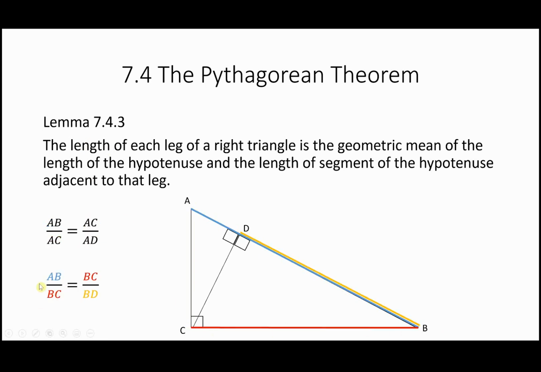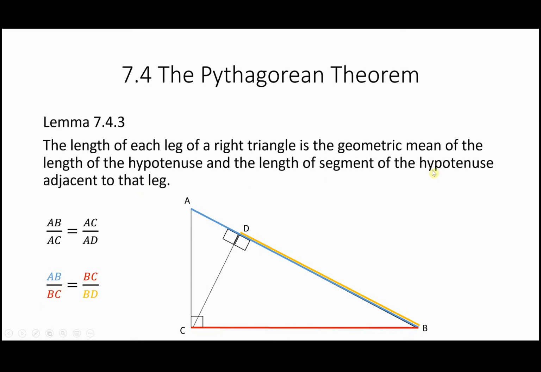Here we go. Here is the longer leg BC relationship with this particular lemma, okay? Now, the length of the other leg, the longer one, BC, of a right triangle is the geometric mean, so that means that it is in the means positions. Notice that it's BC in the means position. And what goes in the extremes positions? The length of the hypotenuse, which is still just AB, right?